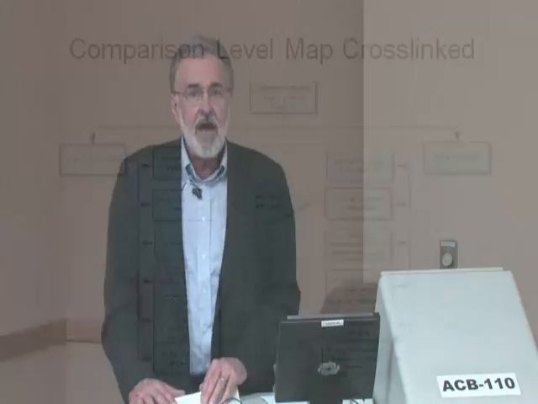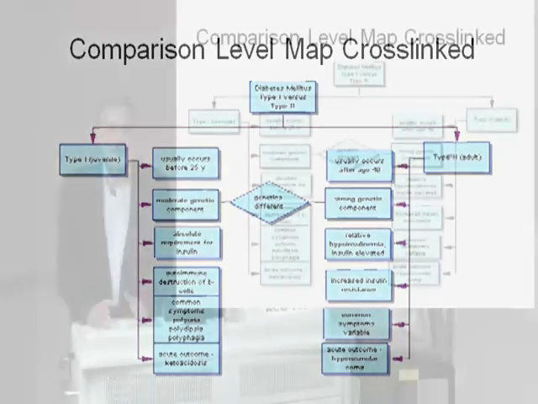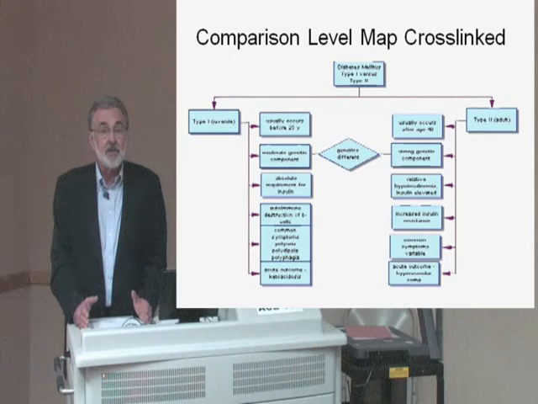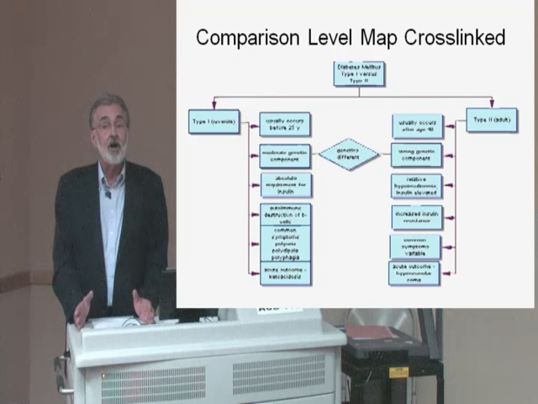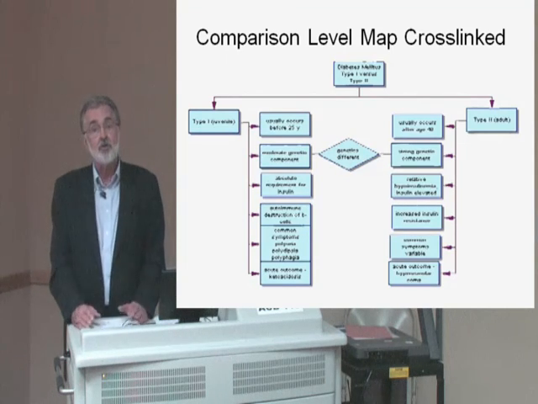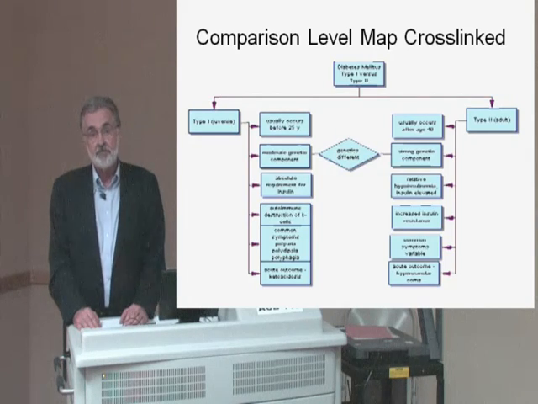Now, in this comparison level map, I haven't fully filled this out. I only filled out one example that cross-links two major branches to make the point. The idea here is that any number of other nodes could be attached to any of these nodes, and any number of linkers could be put in, depending on what you're learning. For diabetes, you'll learn simple things at first, but by the time you get to the third year in internal medicine and pediatrics, you'll be learning much more in depth.